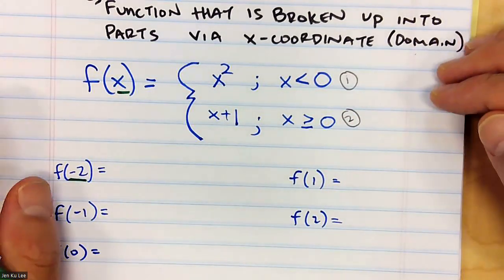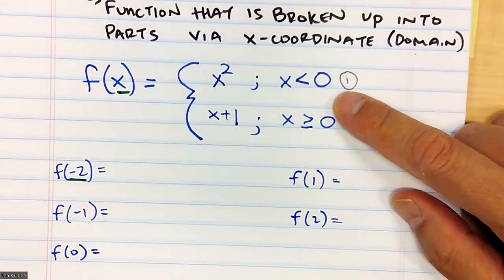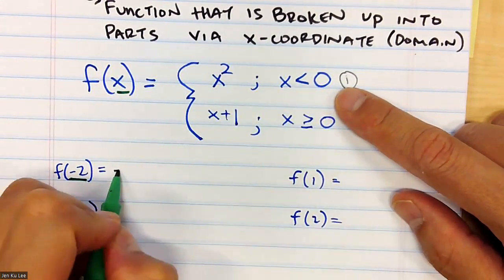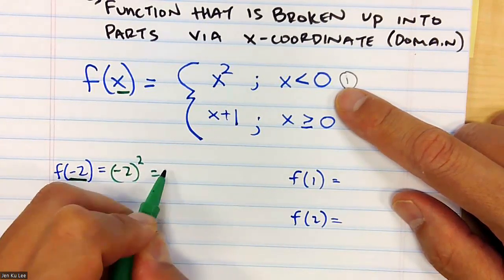Okay, so just remember that. So -2 squared is 4.